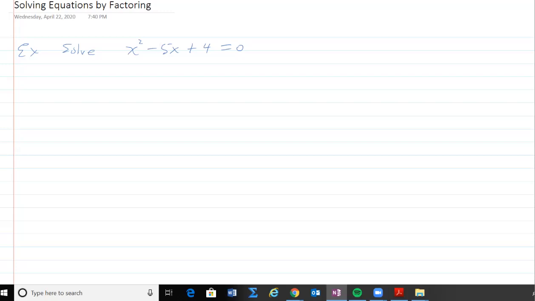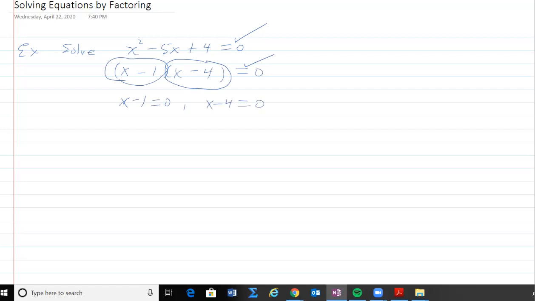So first step, make sure there's a 0 over here. We got it. Next step, start factoring. I can do a -1 and a -4. Now, because the product of these two numbers equals 0, the only way it can happen is if one of these numbers or both of them is 0.